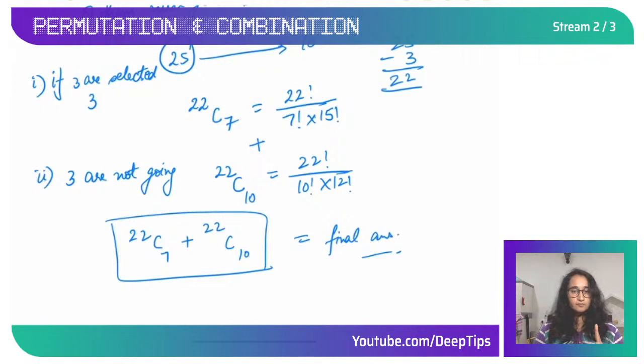Now I am left with one more stream on this topic. In that I will be covering circular arrangements, some tricky questions based on permutation and combination, and some competitive exam questions also. That streaming I will be doing next week.